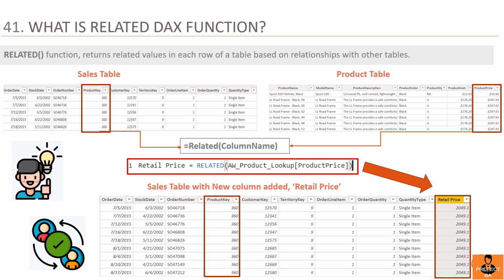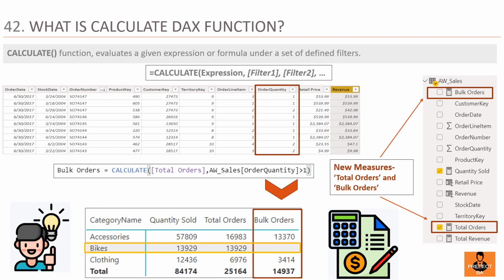The new column added in the sales table is named as retail price. As there is just one product key captured in the sales table, which is 360, retail price is also same in all the rows, which is 2049.1. Question number 42. What is calculate function in Power BI?